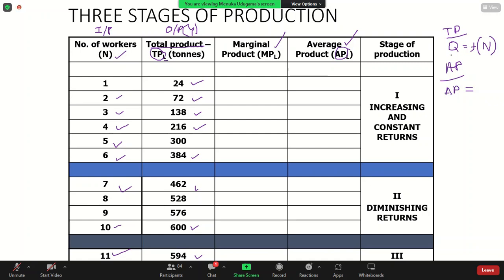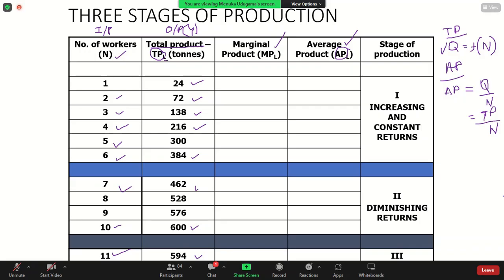It is the total product quantity, the final yield, divided by the number of workers. What does it give you? It gives you the output per laborer or worker, right? The output from one laborer, the output from one worker.